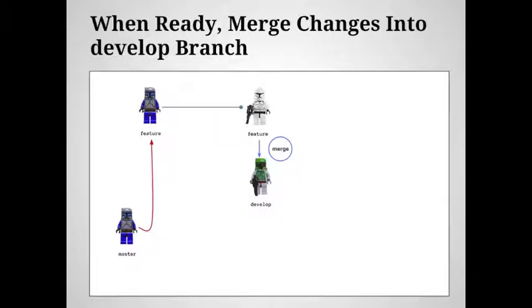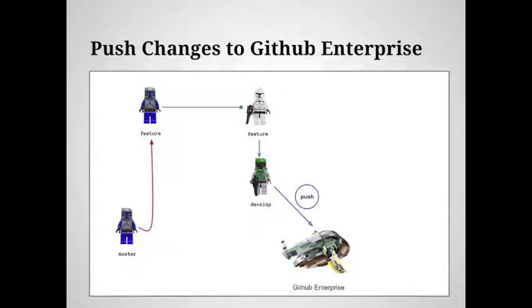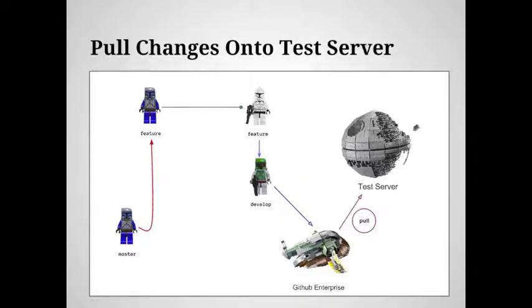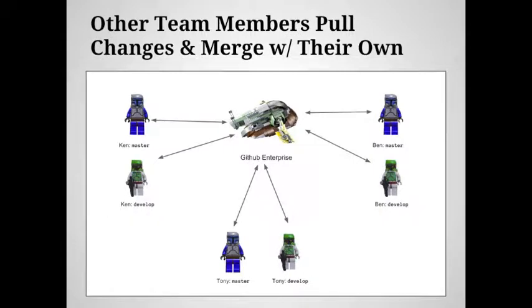Once I've got my changes merged into that develop branch, I want to push it to GitHub Enterprise. The reason is, one, so that it can be pulled to the test server for testing or for approval from our marketing staff. But also, now Ken and Ben can pull my changes too and merge them with their own.